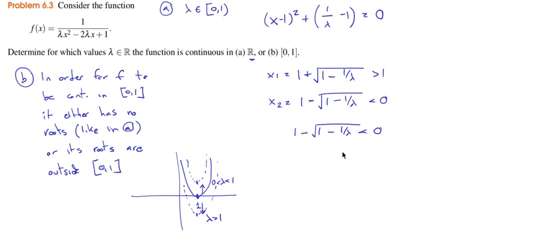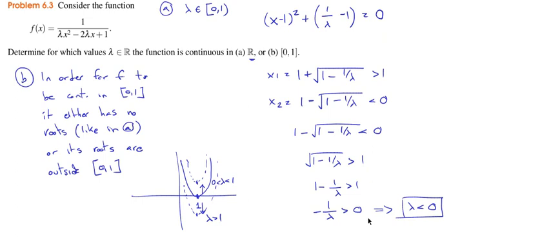So if we take this subtracting, we change signs, and the square root of 1 minus 1 over lambda has to be greater than 1. In order for the square root of something to be greater than 1, the argument of the square root has to be greater than 1. In other words, minus 1 over lambda has to be greater than 0, and this implies that lambda has to be smaller than 0.